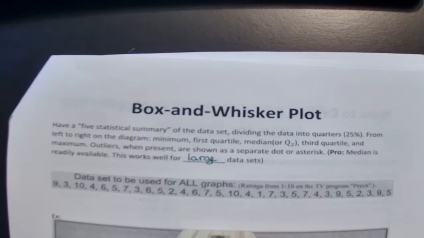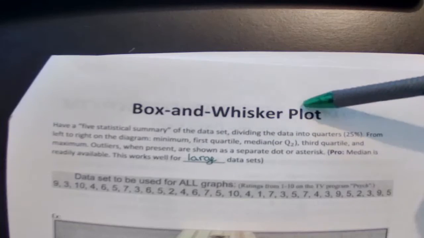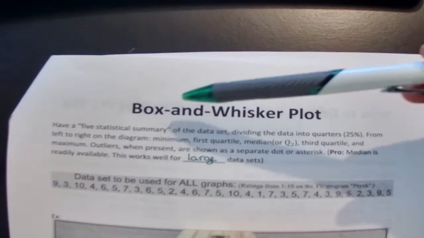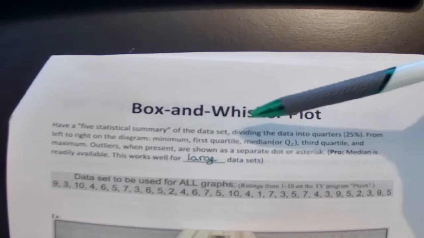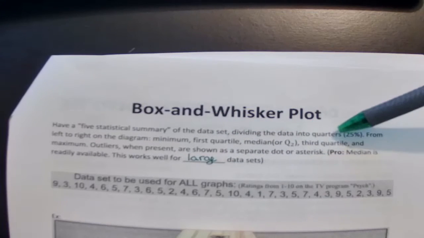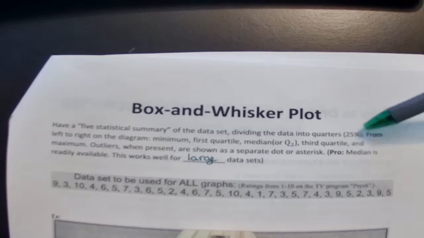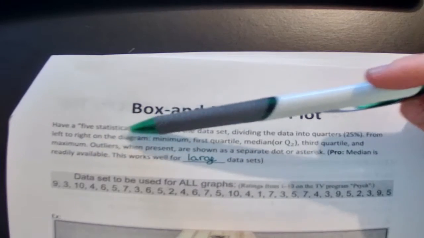So now probably one of the most important things from this packet is the box and whisker plot. This has a 5-number summary of the data set, dividing the data into quarters, so 25%, from left to right on the diagram.